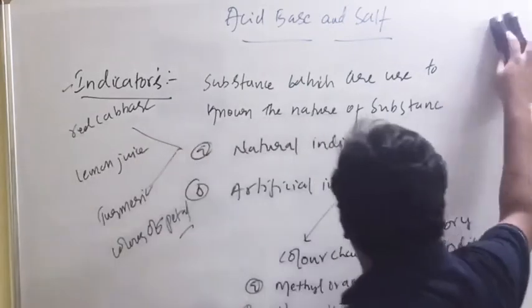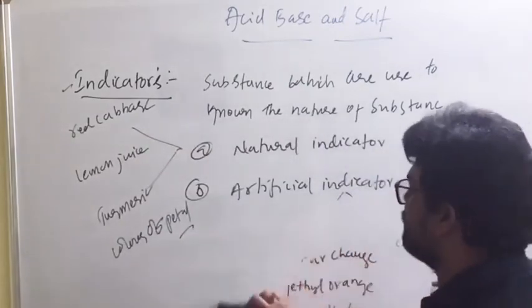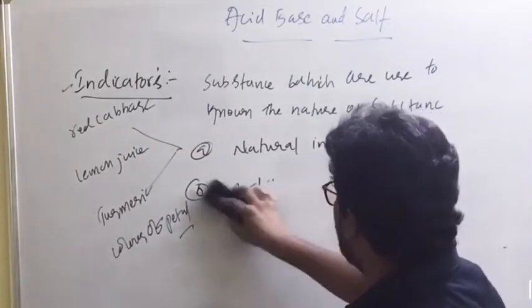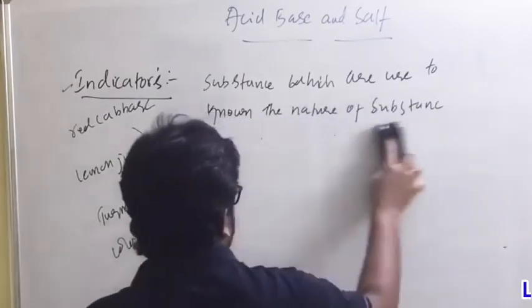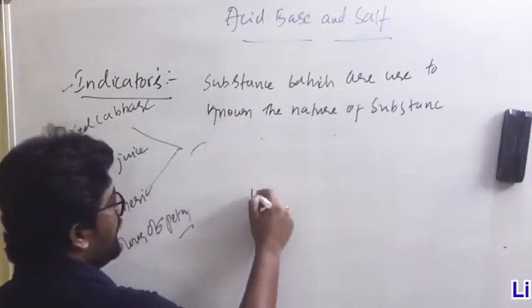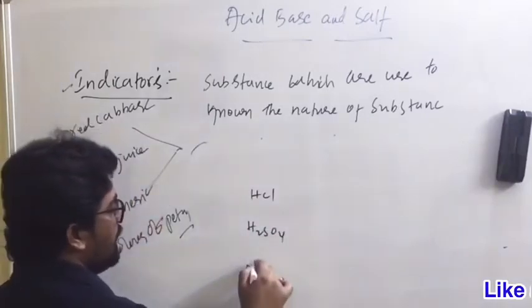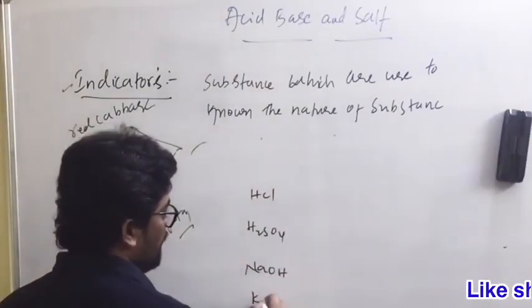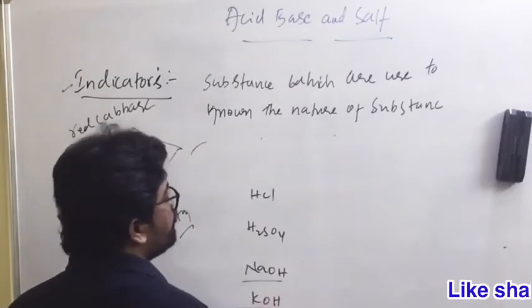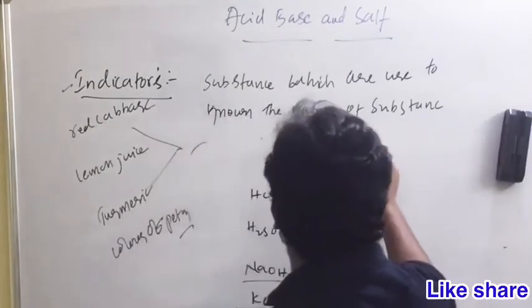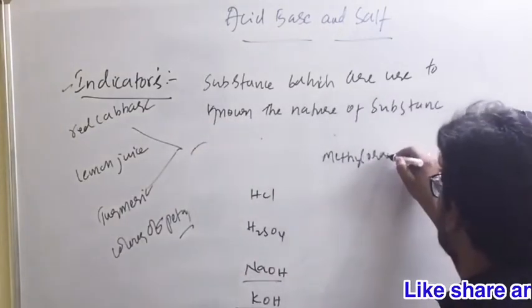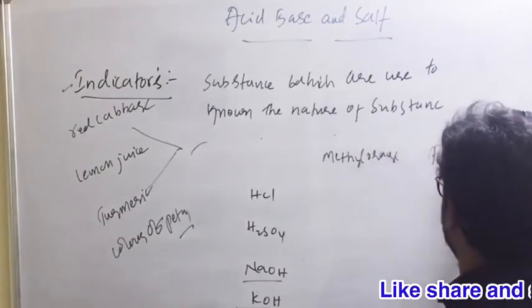For example, let us collect a few acids from our laboratory, like HCl and H2SO4, and bases like NaOH and KOH. We'll take methyl orange and phenolphthalein.